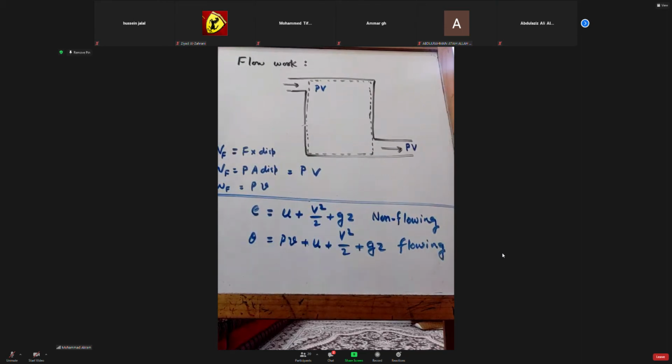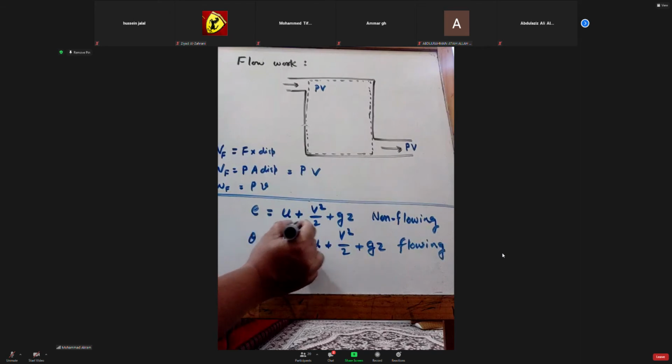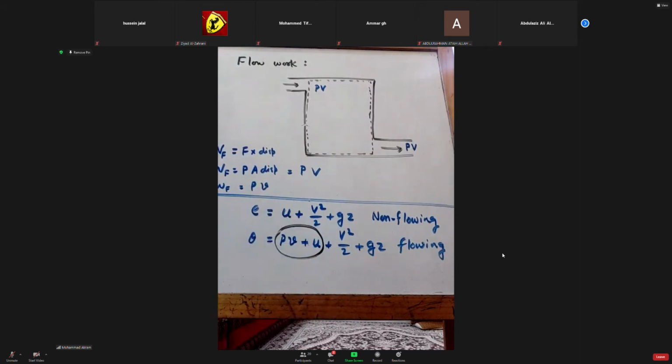But in the previous chapter, we defined this. Do you know what this is? U plus PV. All the chapter was dependent on this equation. Does anyone remember, or are you not doing the revision?